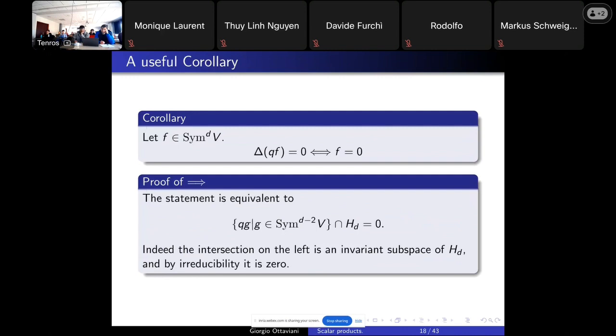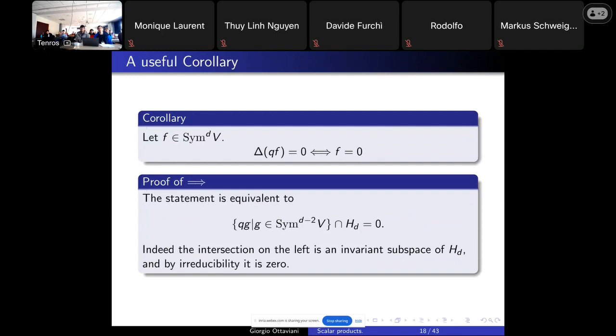So you see the left is trivial, and why also the right side is clear, because the statement is equivalent to proving that the subspace of polynomials divisible by Q intersects the harmonic only in zero, and otherwise, since both are invariant by the orthogonal group, this, if it is non-zero, should be an invariant subspace and contradict irreducibility. So you get this.